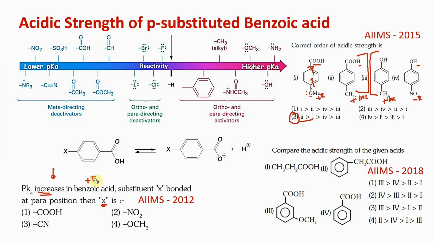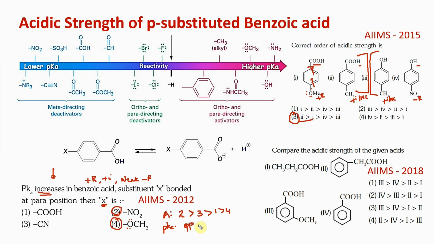Acidity எப்போ கம்மியாகும்? ப்ளஸ் ஆராக இருக்கணும், இல்லை ப்ளஸ் ஐயாக இருக்கணும், இல்லைனா weak minus R among the given group. But here it is very simple. This is plus R. Which will be the lowest pKa? This one. Okay. Acidic order என்னன்னு பார்த்தா 2 greater than 3 greater than 1 greater than 4.